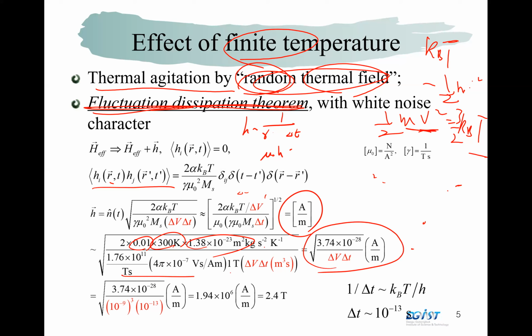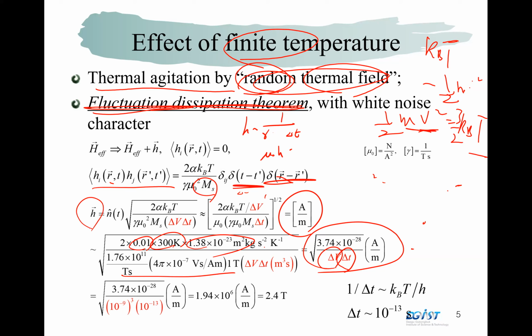Every number is straightforward to insert. For the Ms, we put the typical Ms of a ferromagnetic material. But what's the delta V and delta T? In reality, when you think about this delta function, delta V, delta T goes to 0, right? So that means the magnitude of this thermal field goes to infinity.